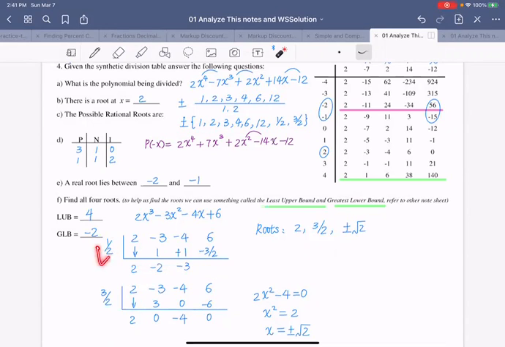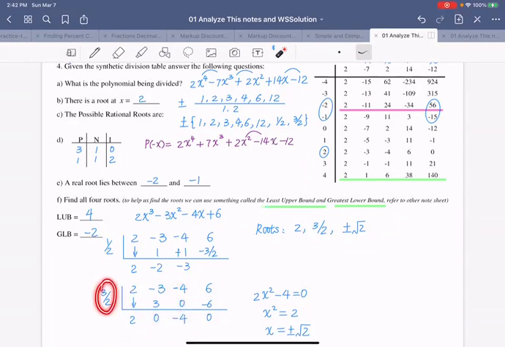Try different values to see. You keep trying until you find that 3/2 works when you do the synthetic division. So when you do the synthetic division over here, 2 is pulled down to here, and then 2 times this is 3. 3 minus 3 is 0. This times 0 is 0. This plus this is -4.